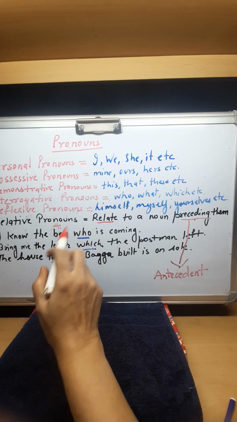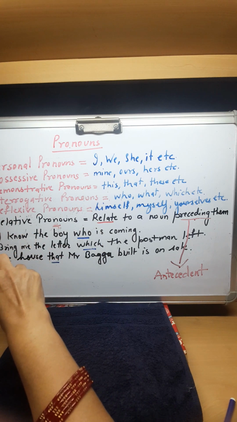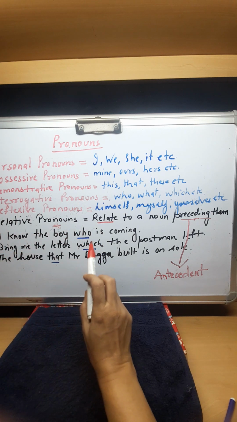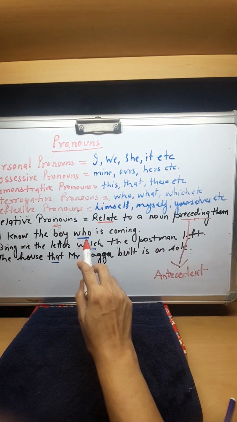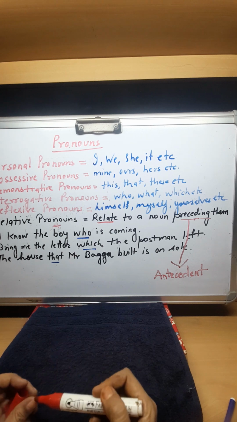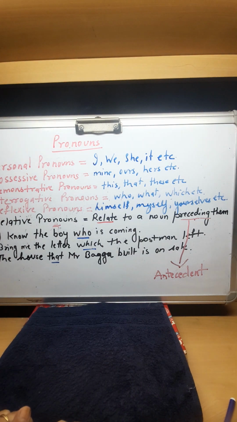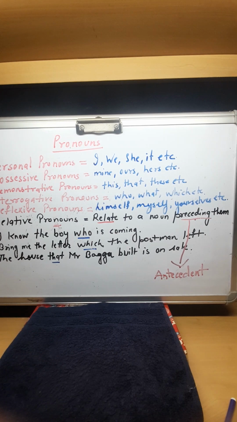Interrogative pronouns always come in the beginning of the sentence, while relative pronouns do not have question marks, and relative pronouns come in the middle of the sentence. That is the difference.